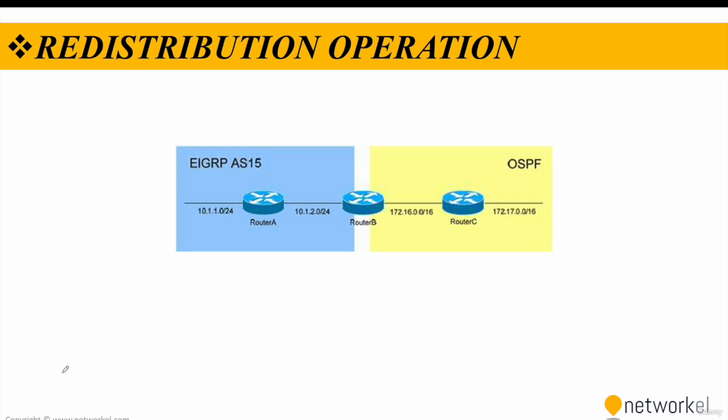Then the converted routes need to be advertised into the target routing protocol's domain. This process allows different routing protocols to exchange routing information and ensures seamless connectivity across various network segments.